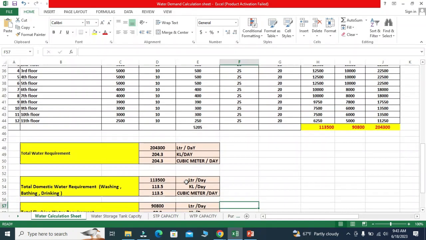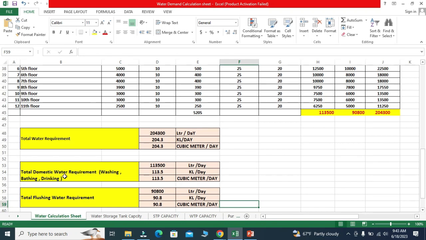If you go for individual, for domestic water, which means water used for washing, bathing and drinking, the consumption we have already calculated is 11,3500. We can convert it into kiloliter by dividing by 1000, in cubic meter per day.